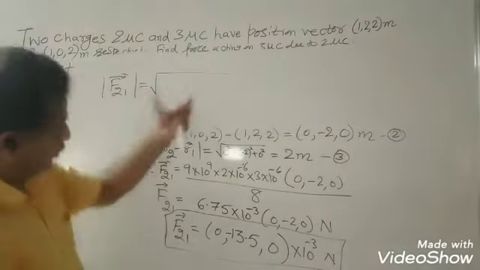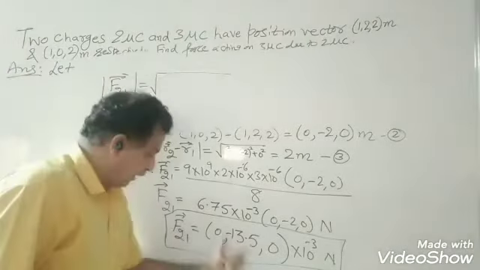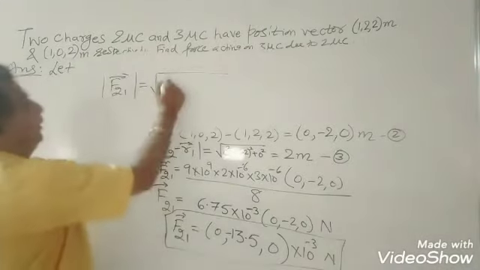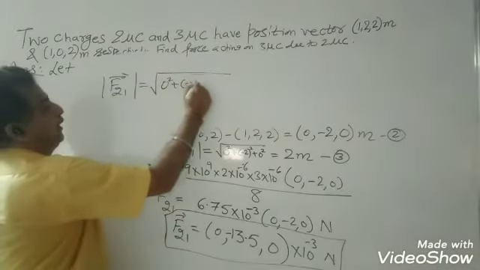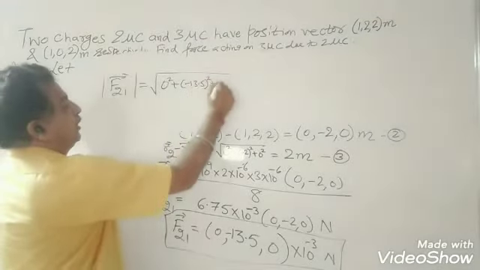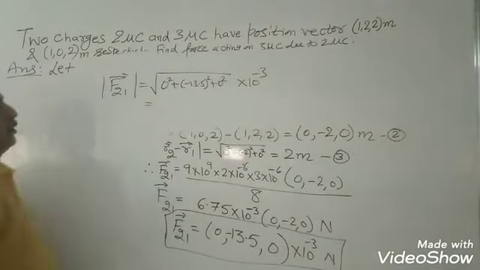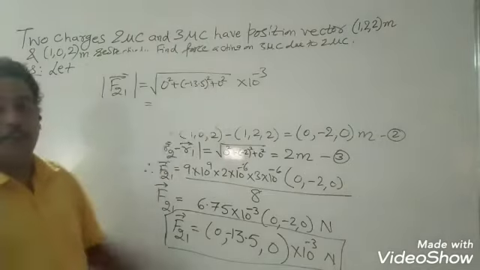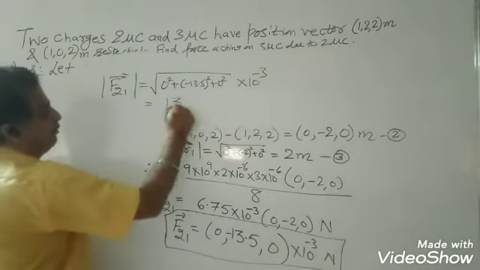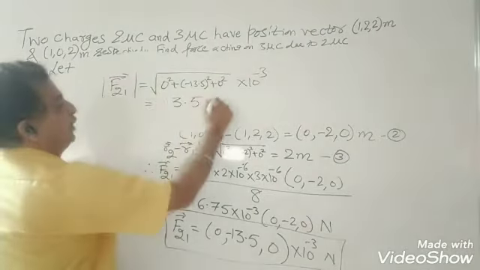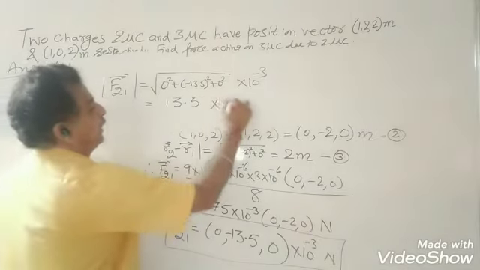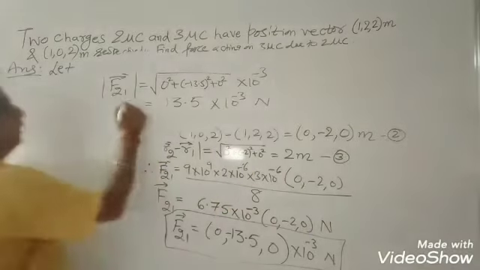Otherwise, we need to find out the entire magnitudes. So 0 square plus minus 13.5 square plus 0 square, 10 raised to minus 3 is common. So the square under root, the square of 13.5. So magnitude, which is always positive, is 13.5 into 10 raised to minus 3 Newton.